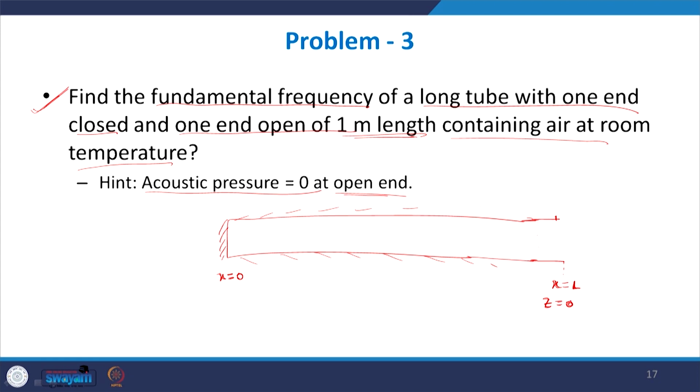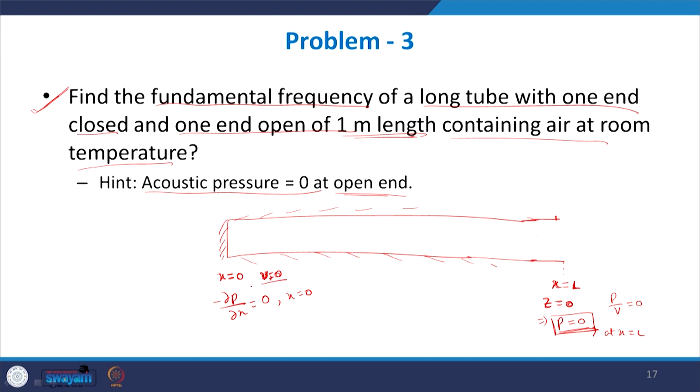The impedance is 0, there is no resistance, which means P by V is 0, which means P is equal to 0. So the acoustic pressure here becomes 0. This is the condition we use for x equals L. P is 0 at x equals L, and minus del P by del x is going to be 0 at x equals 0. Why? Because V is 0.